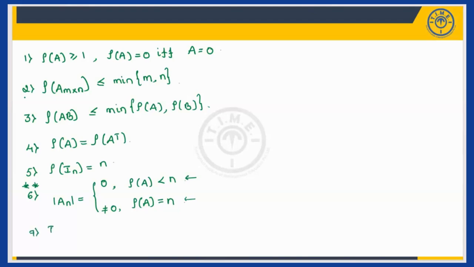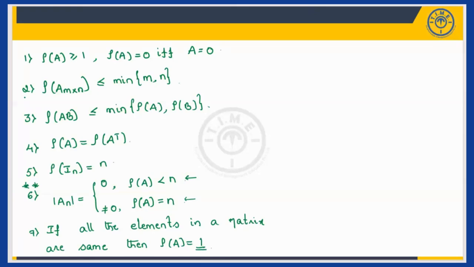And if all the entries, or all the elements in a matrix, are the same, then the rank of that matrix is exactly 1.